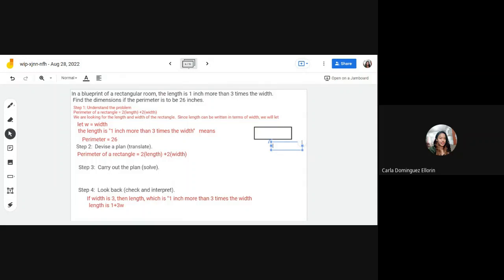This is the length. And this is our width. The longest side is the length and the shortest side is the width. And we have dalawang length. Ito at saka ito. Tapos width natin is this one and this one. So, in getting the perimeter of a rectangle, the formula is this one.